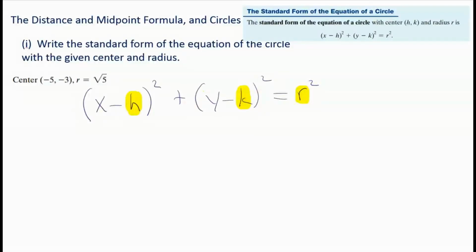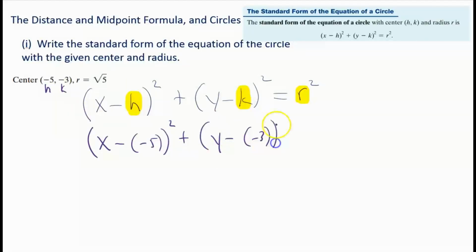And I'm simplifying just a little bit if necessary, okay? So what is my h? Well, my h is -5 and my k is -3. So I have x minus a -5 squared plus y minus a -3 squared, and that equals the square root of 5 squared. Now what do I do?